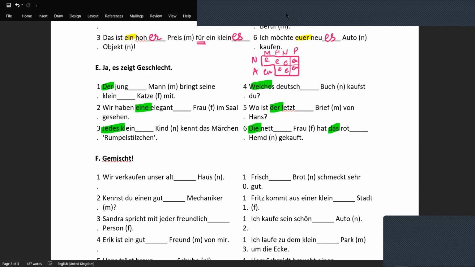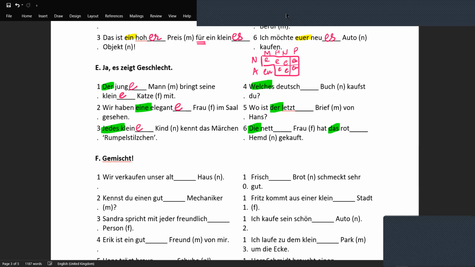So der junge Mann, nominative, masculine, and accusative, feminine, E for both. Eine elegante Frau, accusative, feminine, E. Jedes kleine Kind, nominative, neutral.